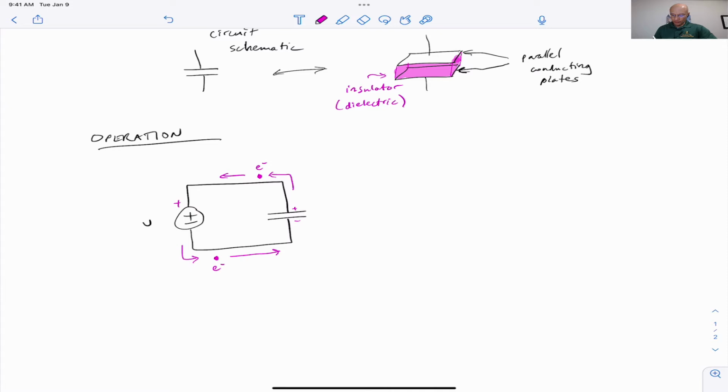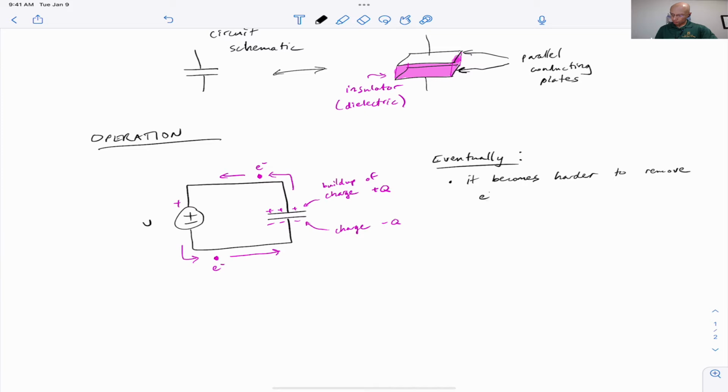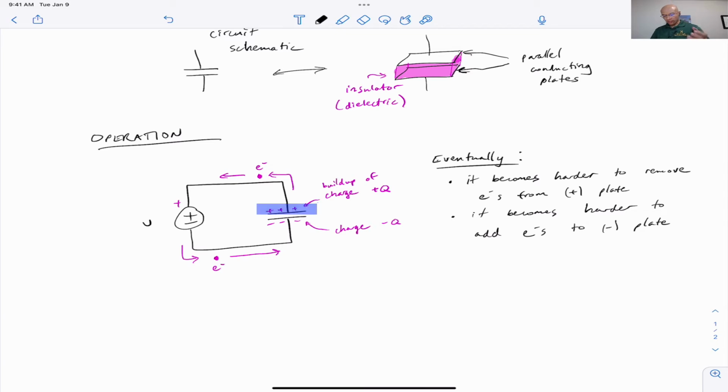And this keeps going, and we have a buildup of positive charge on one plate and a buildup of negative charge on the other plate. So on the positive plate, we get this buildup of positive charge, and that wants to hold tightly to the electrons that we're pulling off.